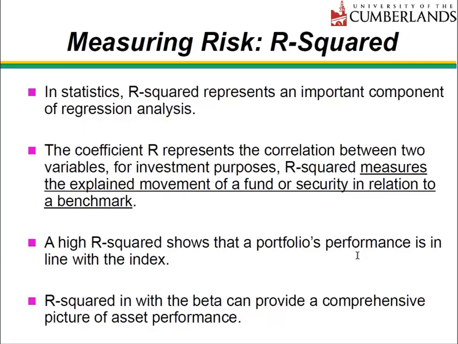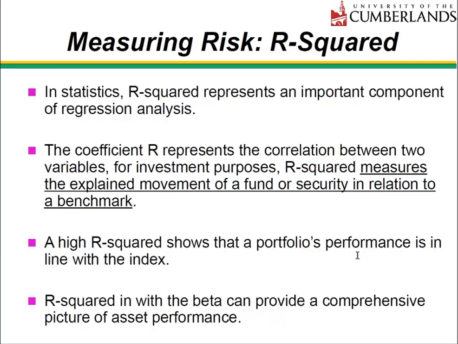For investment purposes, R-squared measures the explained movement of a fund or security in relation to a benchmark. So the coefficient R represents the correlation between an investment and its benchmark, and R-squared tells us what percentage of the investment's movements can be attributed to market movements.